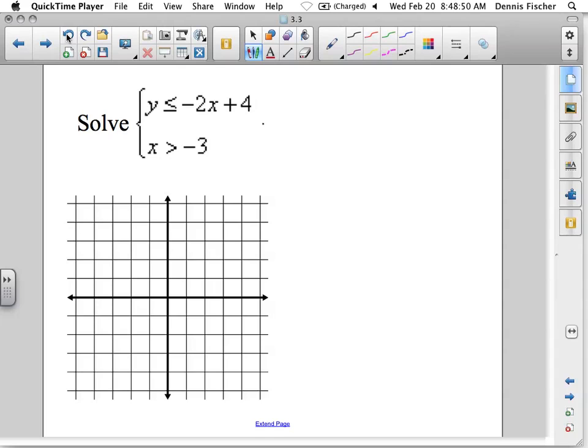On the first one, what would I do? Start at a positive 4 up here, and the slope would be down 2 over 1. So I'm going to start at positive 4 and my slope is down 2 over 1.